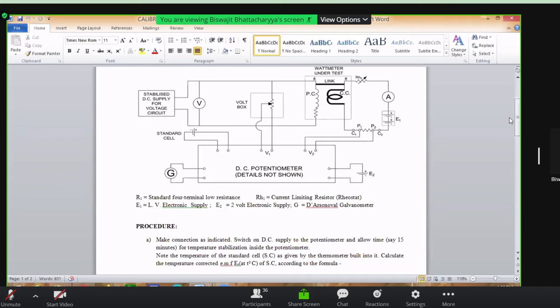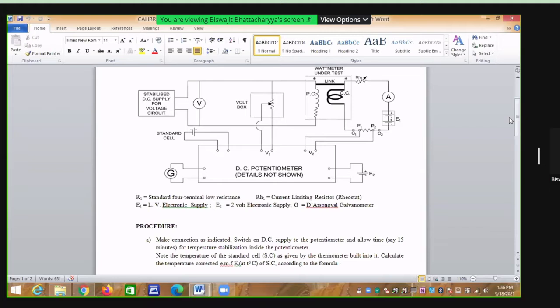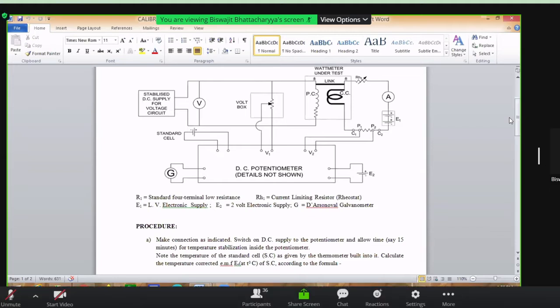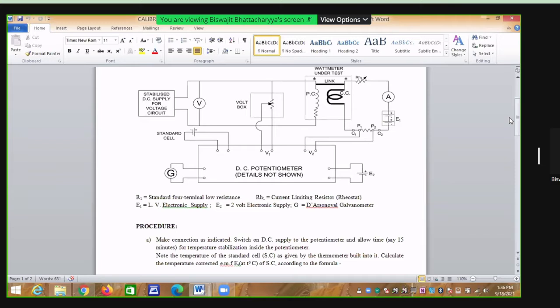Sometimes the error is reduced, sometimes the error is more, depending on the relative direction of the two torques. That's why we should not rely on the performance of this electrostatic torque, and the instrument response may not be linearly related with the product of two coil currents.